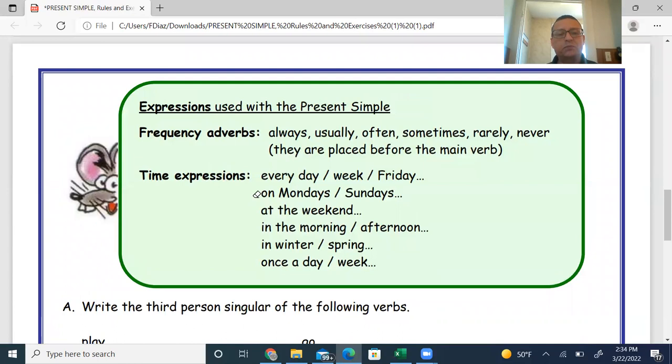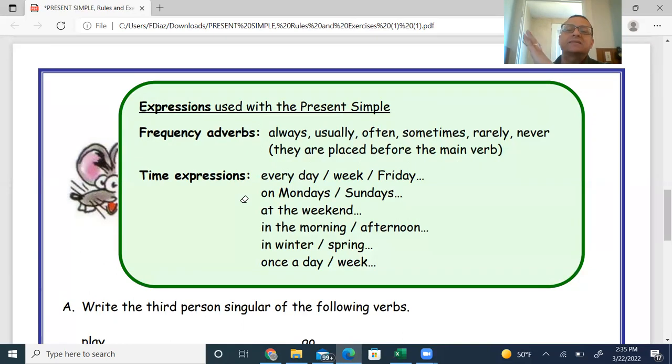And time expressions like every day, every week, Friday. Right? I take a shower every day. I clean my room every week. I go to church on Friday. We have class on Mondays.